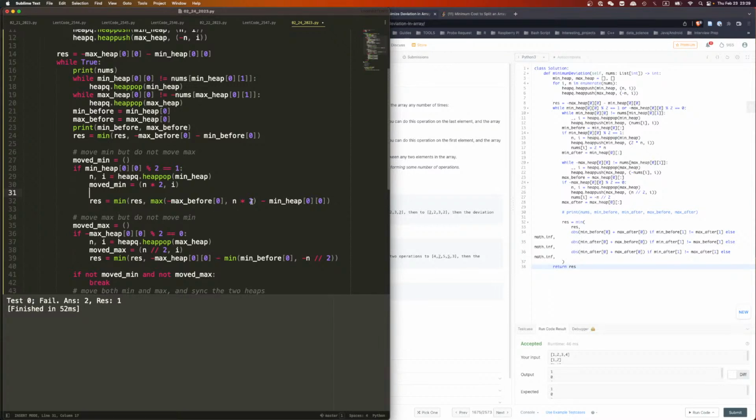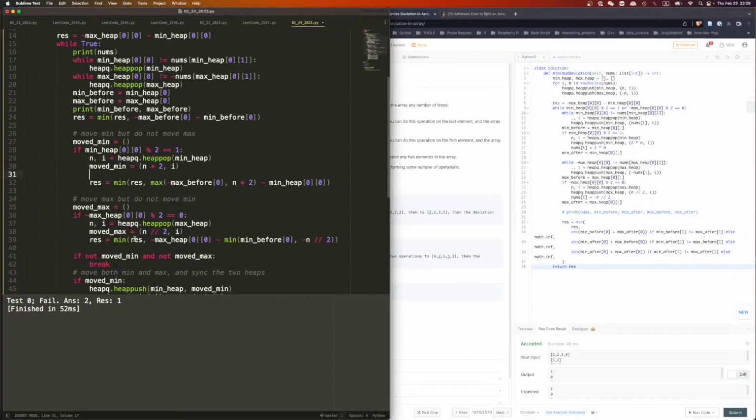And then we take the max after the two, and here I'll take max, because I get a max smaller, right?